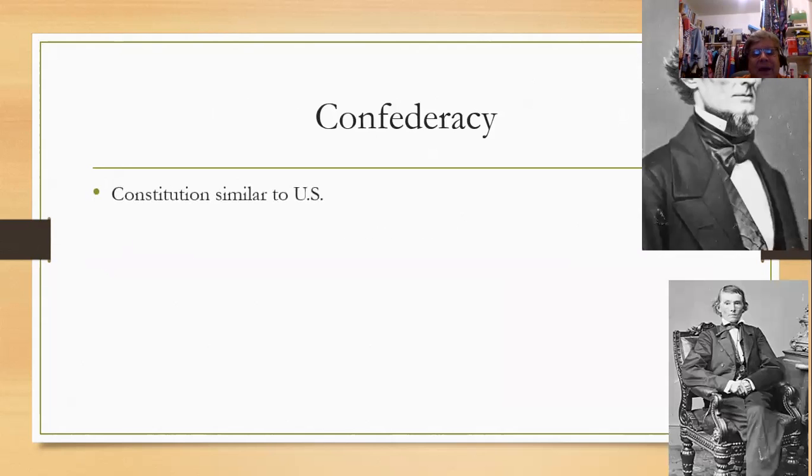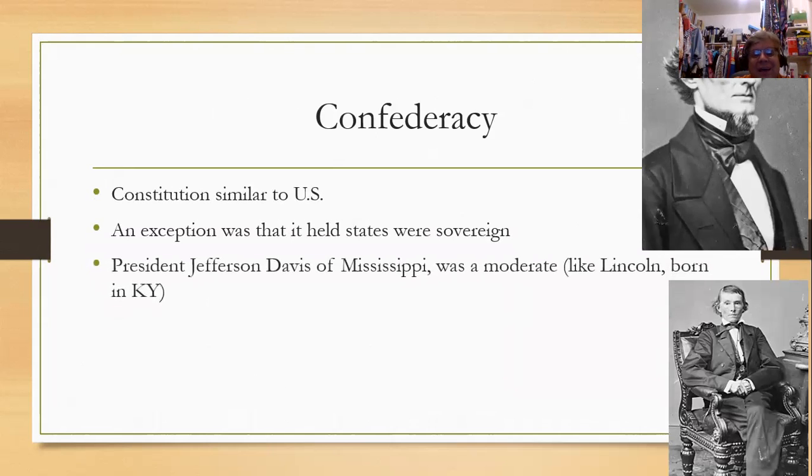The Confederacy, it's a new country. It has a constitution similar to the United States, but it specifically states that states were sovereign. In other words, the Confederacy is alleging that the states in it were sovereign and could leave the United States, so they enshrine that in their constitution. Jefferson Davis of Mississippi was a moderate, and like Lincoln, both were born in Kentucky.